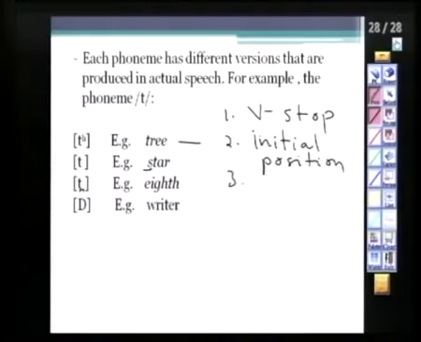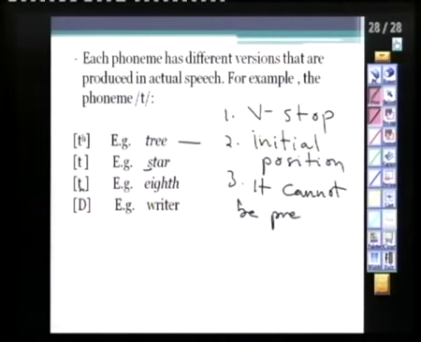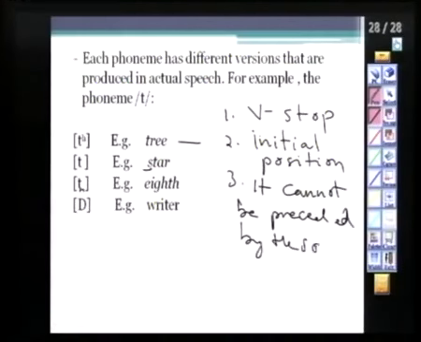So it cannot be preceded. You have a D, by the sound /s/, or the phoneme /s/, you can say. Just /s/? Just /s/.